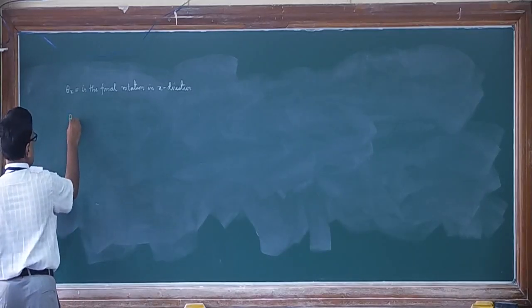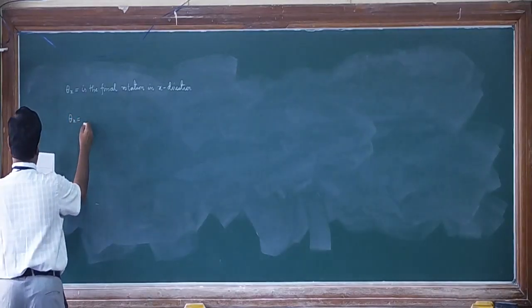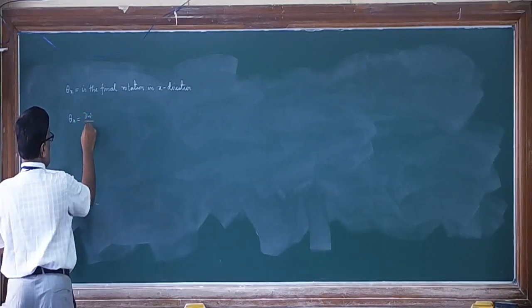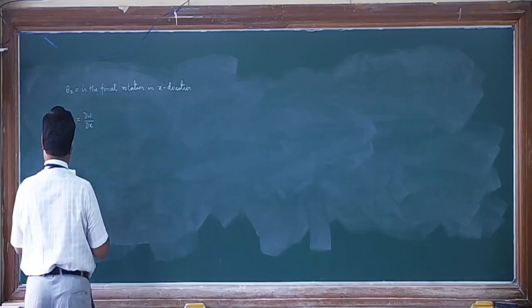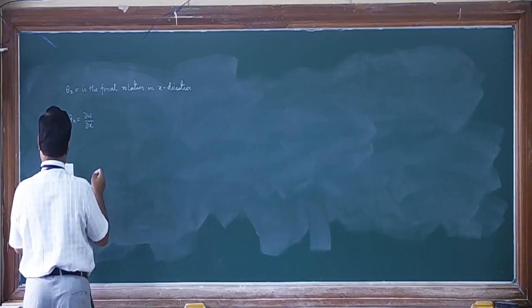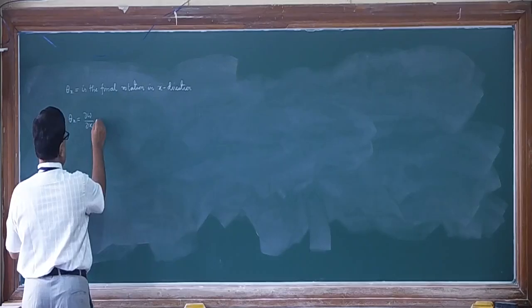That is, theta x is equal to dou w by dou x. This is nothing but minus the average shear strain in the x direction.